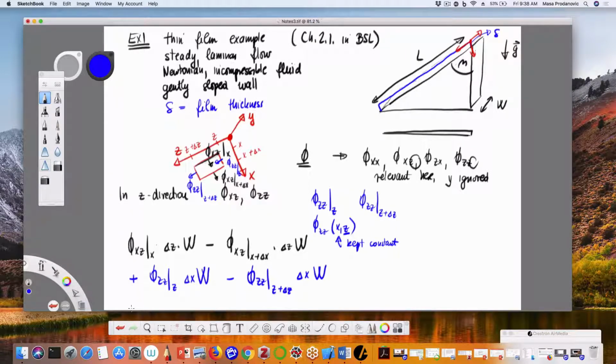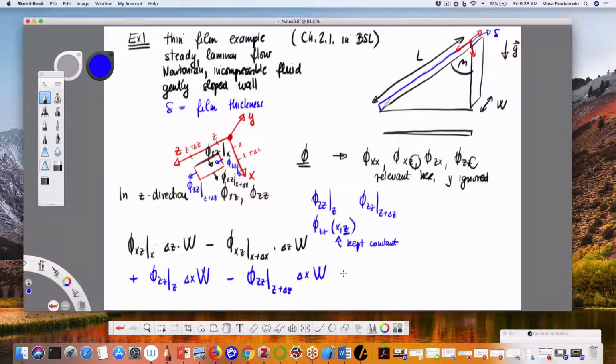What I actually did here was a surface integral of this tensor acting on these surfaces on the side around this box. So I collected all of the components of that. If you remember surface integrals from your multivariate calculus, that's what we actually evaluated right here.